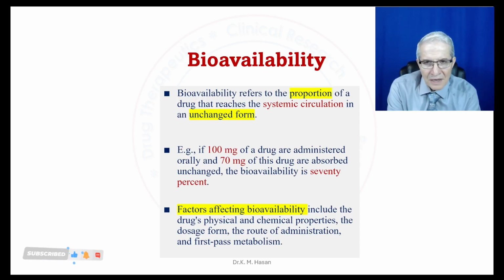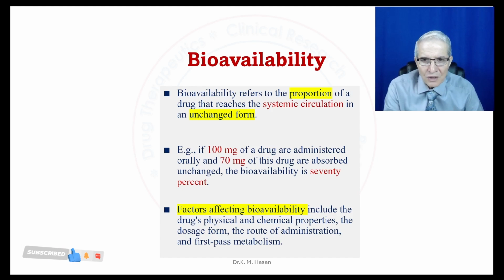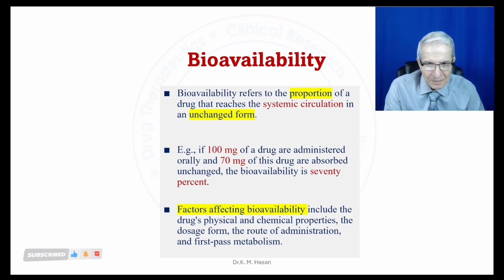Bioavailability may be defined as the proportion, fraction, or percentage of drug that reaches the systemic circulation in unchanged form. For example, when you prescribe 100 milligram of medication orally and 70 milligram of this medication arrives to the bloodstream without change, the bioavailability for this medication will be 70%.